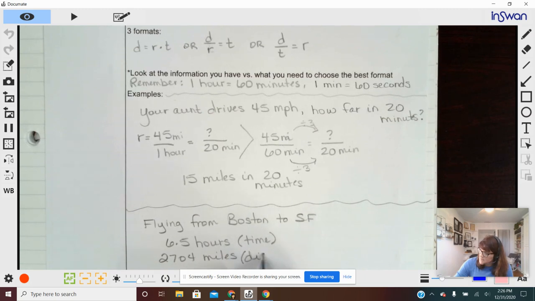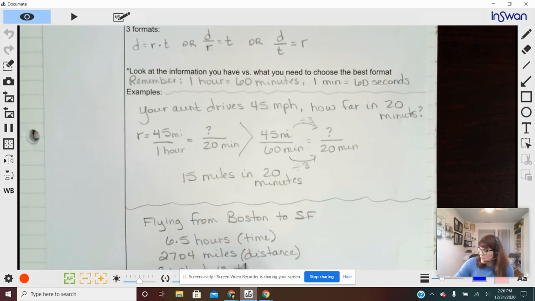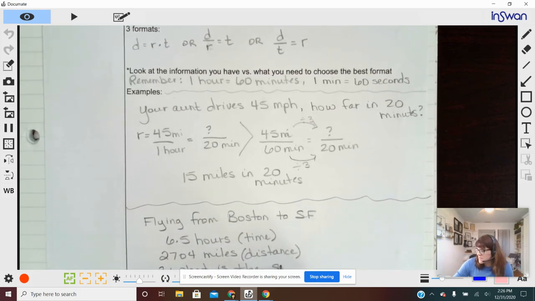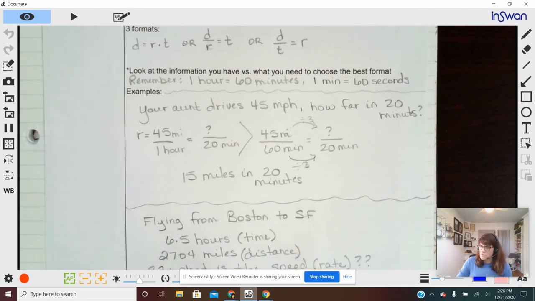That's the distance. The problem wants to know what is the speed or rate. So that's our focus.